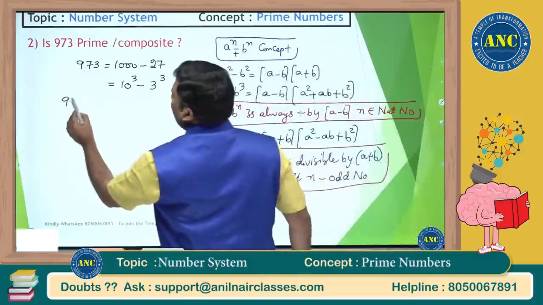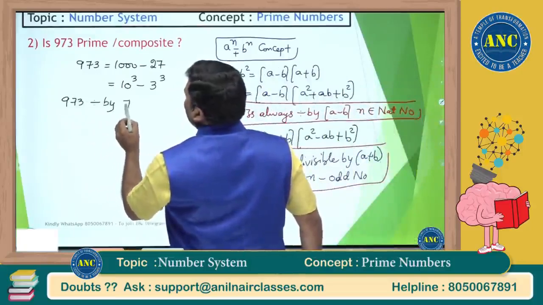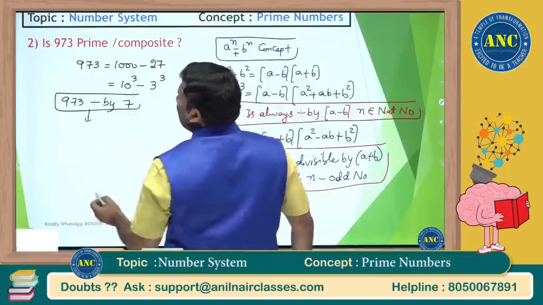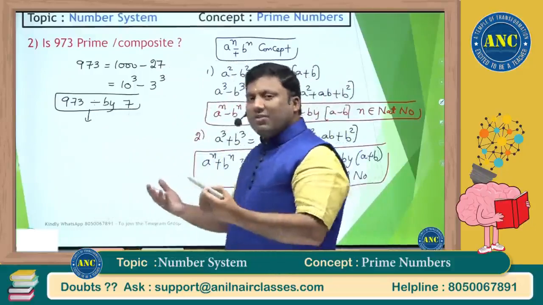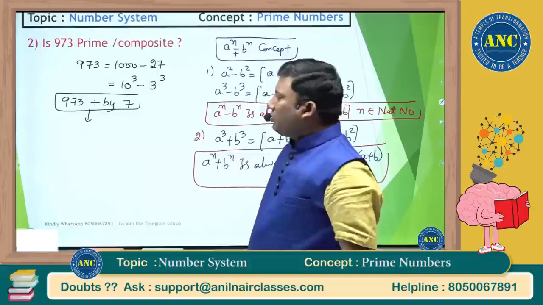That means 973 is divisible by 10 − 3 = 7. Any number divisible by 7 will be composite, except 7 itself.